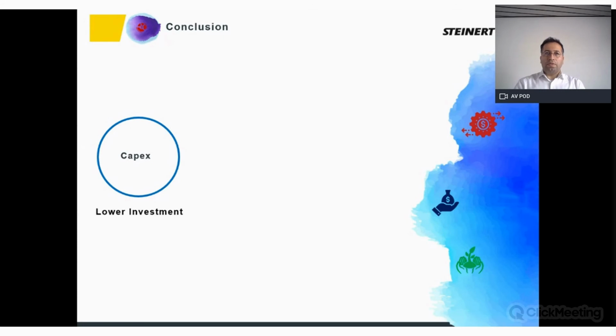You don't need to have big plants. You don't need to build very, very expensive facilities, washing facilities or other preparation facilities. Therefore, the total picture for the investment will be very, very low. The second goal was the opex. What is the opex?